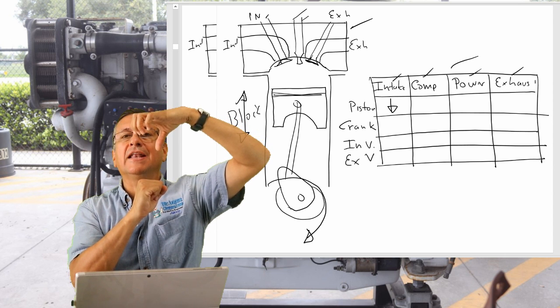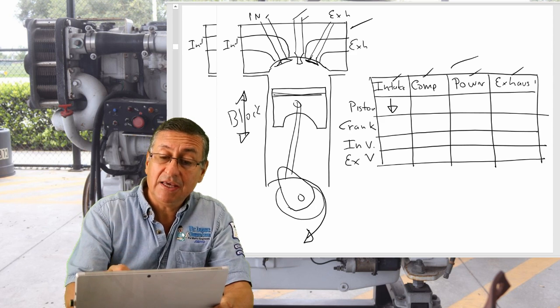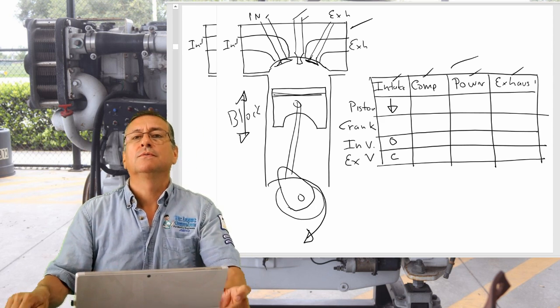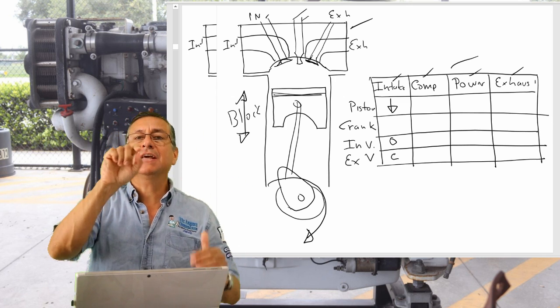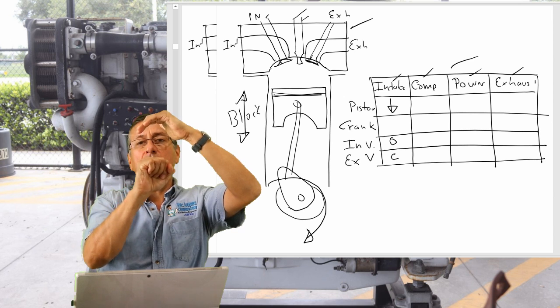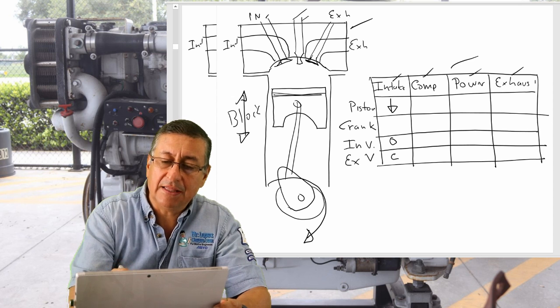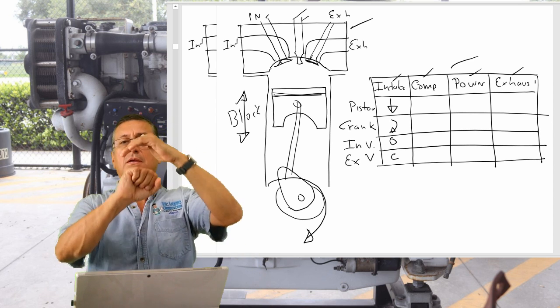Intake valve is open and exhaust is closed. Perfect. And the piston is going down. And the crankshaft, in this movement, rotates half turn. The crankshaft rotates 180 degrees, half turn.